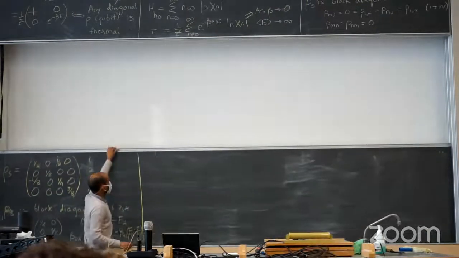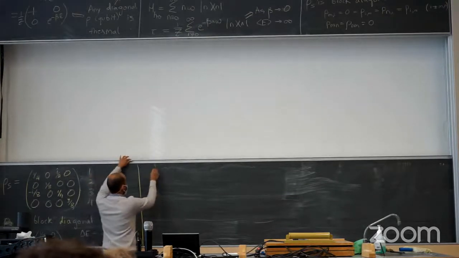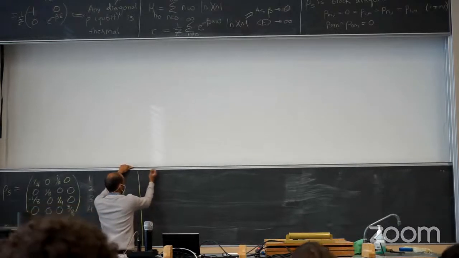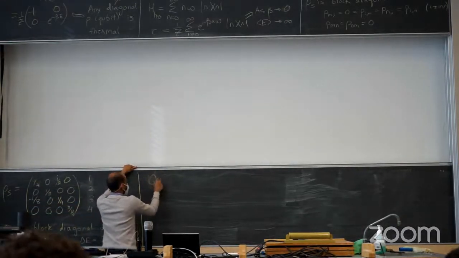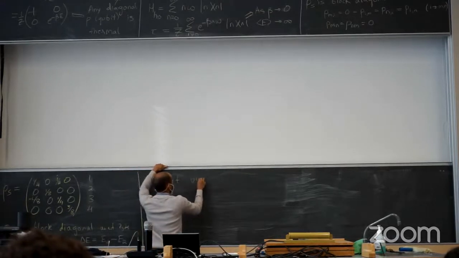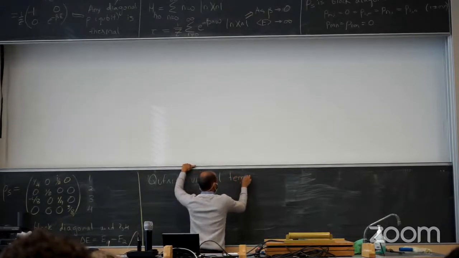So to end with, let's have an interesting example now of a 3-level system. Let's say a qubit.